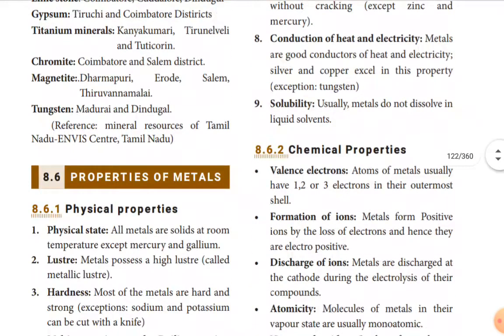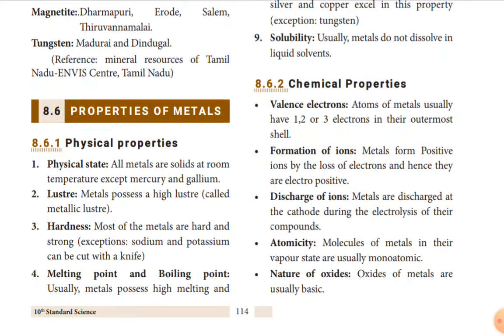Then what are the chemical properties? Metals more or less have valence electrons 1, 2, 3 in their outermost shell, and metals are ready to donate electrons, lose electrons, and in this way they form positively charged cations. And during the electrolysis process, metals discharge ions at the cathode because they are positively charged particles.